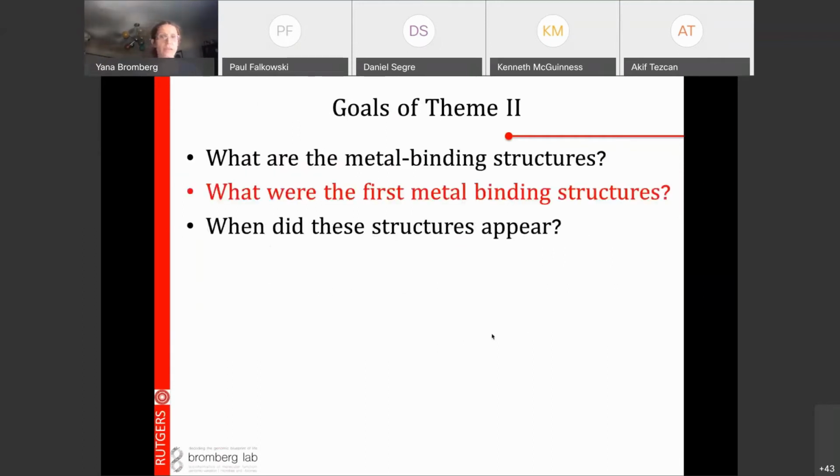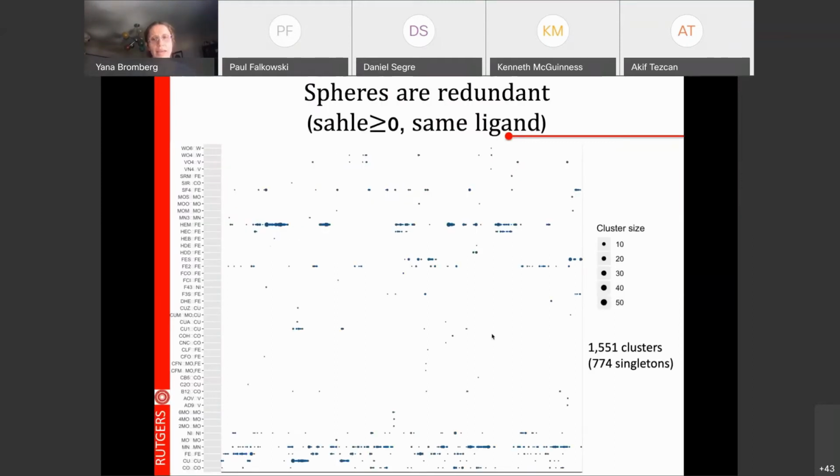All right, so reducing the bias. In order to identify what were the first metal binding structures, we had to reduce the bias. And this is a brief summary of what the bias looks like.